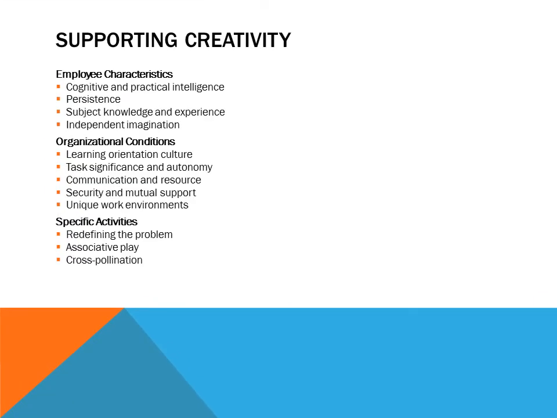We're going to end today's presentation talking about things that support creativity. The first factor in having a creative organization is having creative employees, and creative employees typically demonstrate characteristics such as cognitive and practical intelligence, and this is having employees who are above average in intelligence and their ability to process information, analyze ideas, and apply their own ideas.